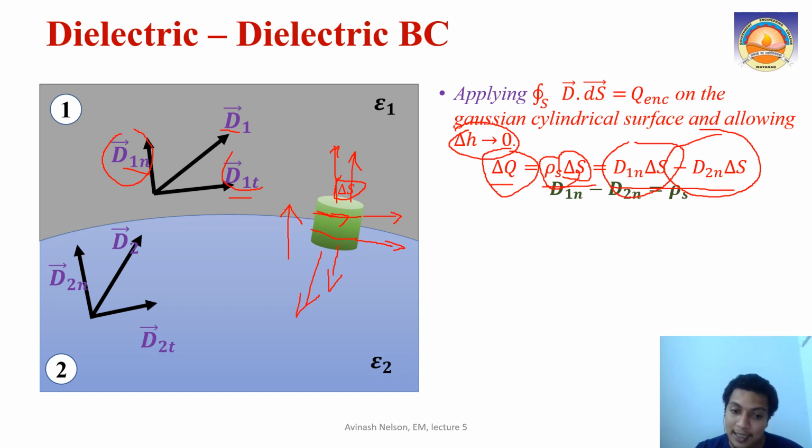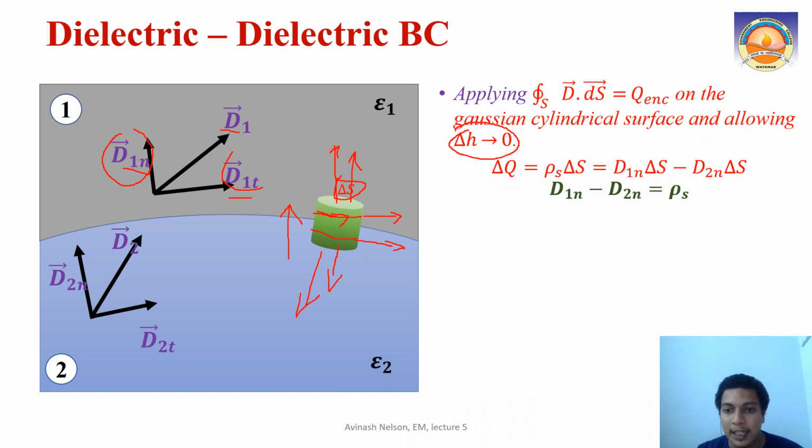So under this condition, D1n delta S minus D2n delta S equal to rho s delta S, right? If we cancel delta S on the two sides of the equation, you will get D1n minus D2n equal to rho s. Understood?